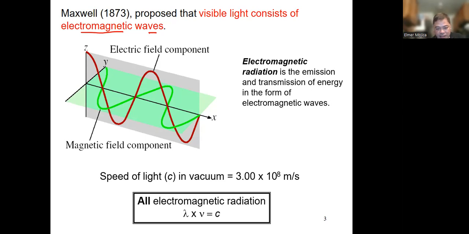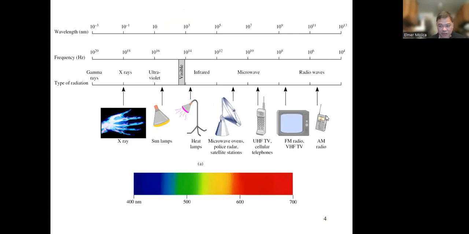And all electromagnetic radiation, as we have discussed earlier, is just the product of frequency times the wavelength. Now, if you look at the electromagnetic radiation spectrum, it's a wide field, okay?